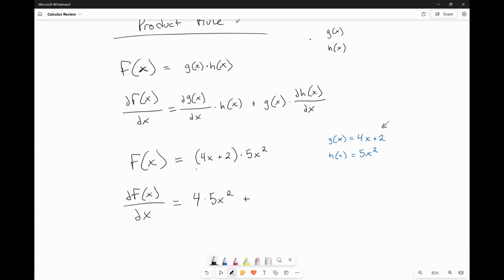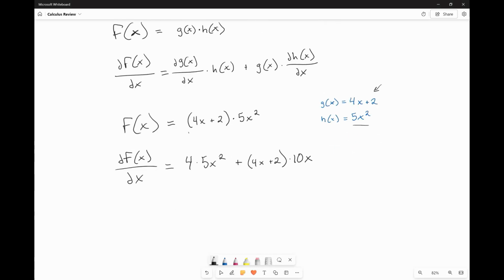So again, we're just following the formula, g of x, so that's 4x plus 2, times the derivative of h of x. So let's do that. Here's h of x. We can do that derivative, that's 2 times 5 is 10, times x, and then the 2, that's the exponent, minus 1. So 2 minus 1 is 1. We don't need to write the 1 up there. So there we go. There's the derivative.